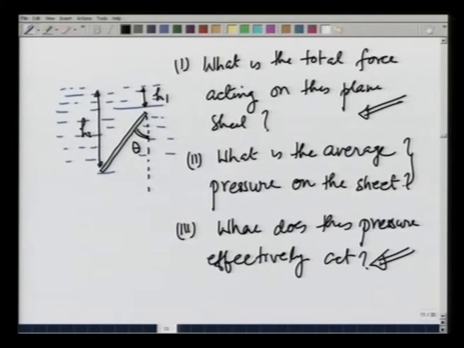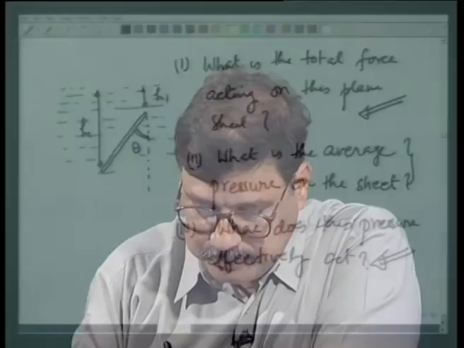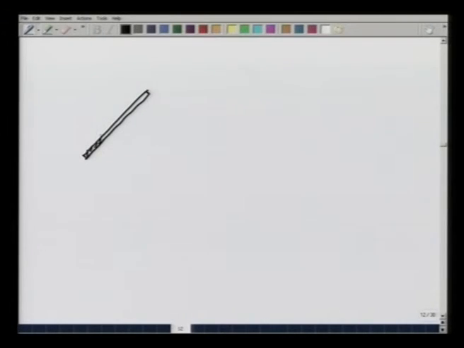So, let us work this out. Let us take this depth to be h 1, this is h 2, and you can see that the pressure out here is going to be rho g h 1, and it increases, and at this point it becomes more.